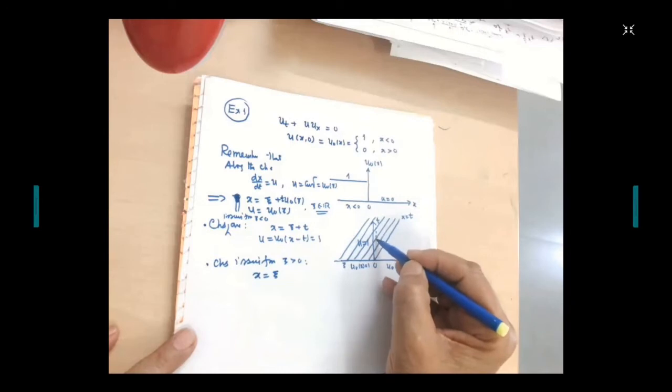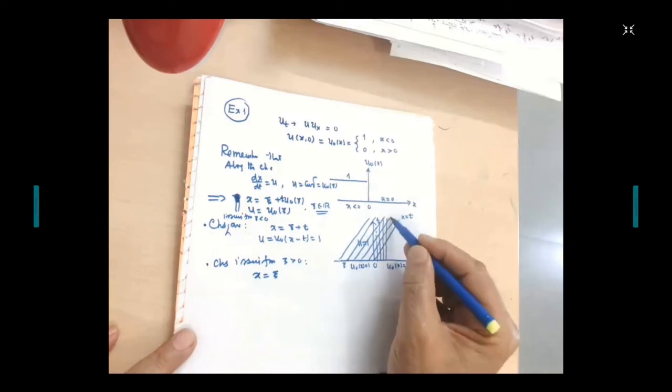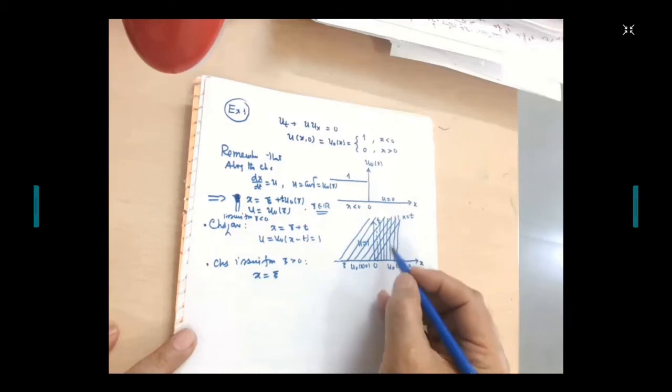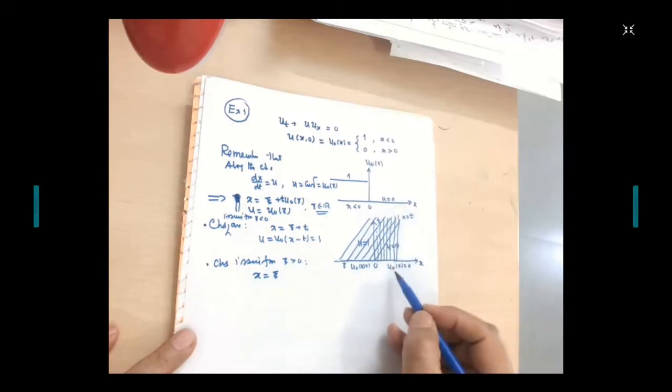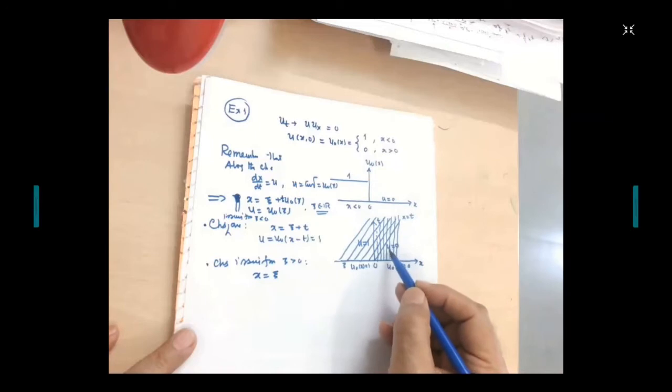Look here, the breaking takes place immediately, right at the origin. These are the characteristics emanating from this part of the real line. So you can see here that u is equal to 1 on one side and u is equal to 0 on the other, because all these characteristics carry this information into the region. The resulting solution would be 0.